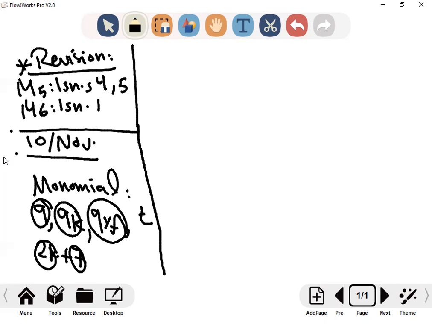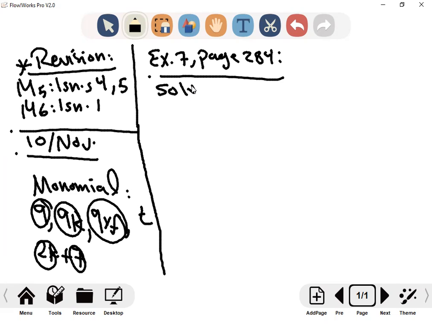Yeah, example number 7 on page 284 says solve -1/5 equals x minus 3/10.